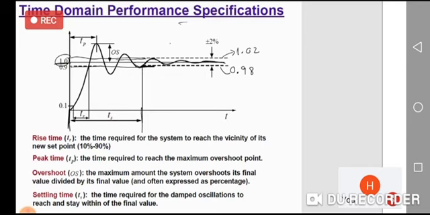Acha. Similarly, rise time is defined in terms of final value. So when the response reaches 10% of the final value, we start calculating the rise time, and we stop the rise time when the response of the system reaches 90% of the final value. Okay? So the time taken by the response of the system to rise from 10% of the final value to 90% of the final value is called rise time.